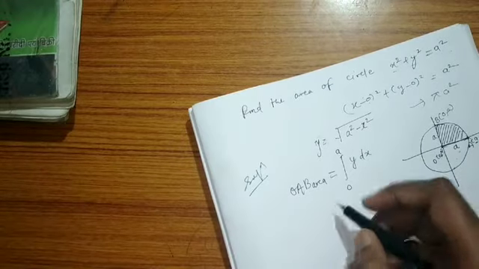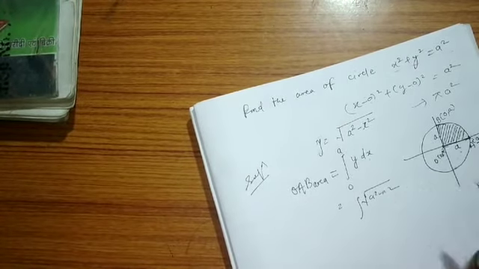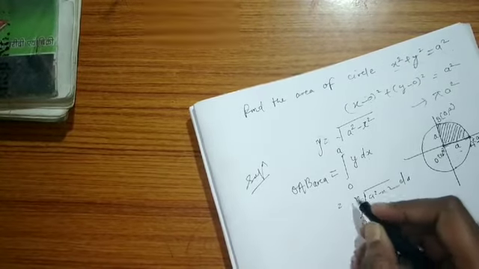Now we will integrate. The value of y is √(a² − x²) dx from 0 to a.